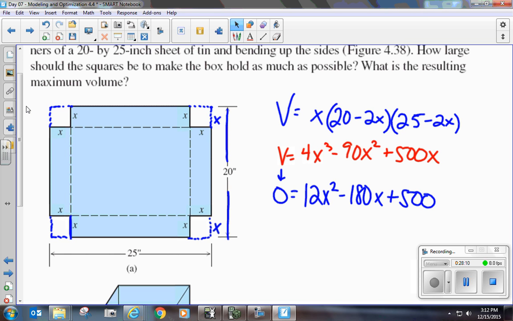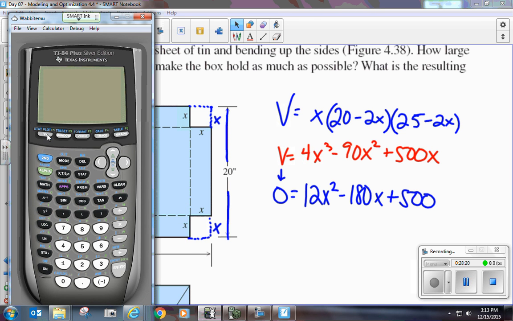Let's find the two values that it occurs on. Without factoring, we'll use our calculator, all right? So I'm going to go back to y equals. I'm going to clear out our profit equations. So put 12x squared minus 180x plus 500.